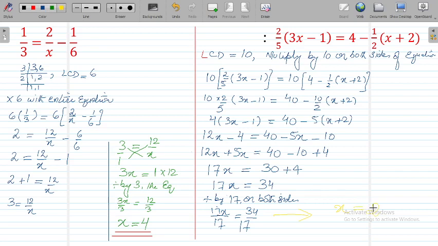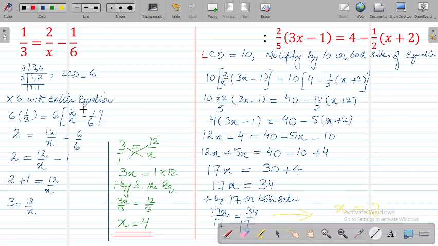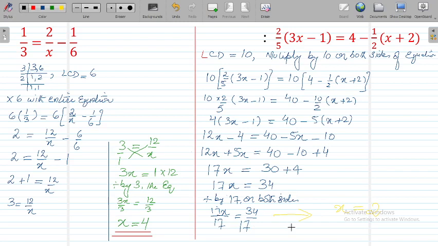X is going to be 2, and it will be your final answer for this algebraic equation. X is equal to 2 is the final answer.